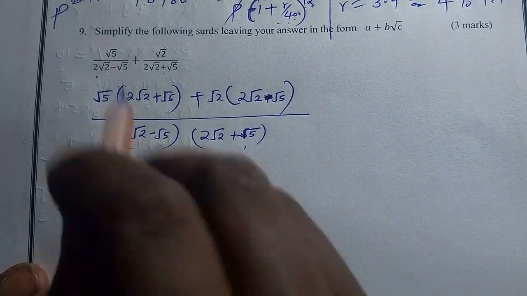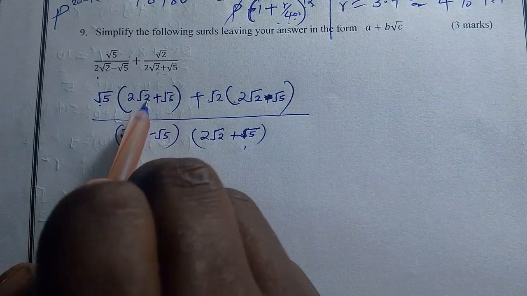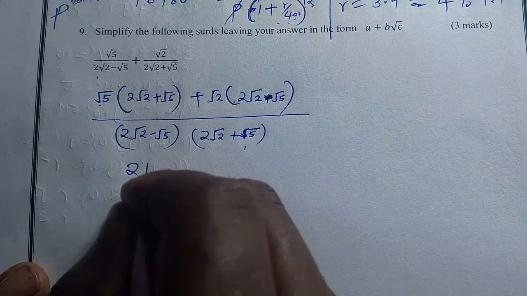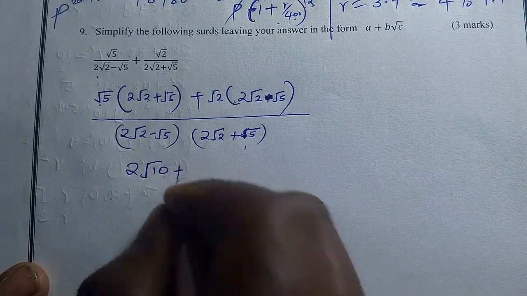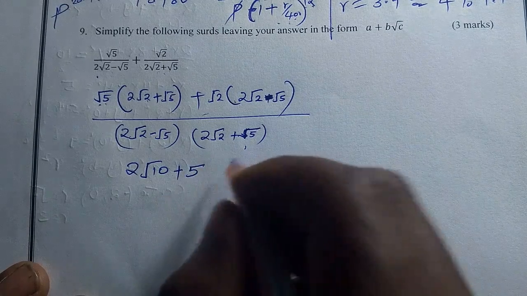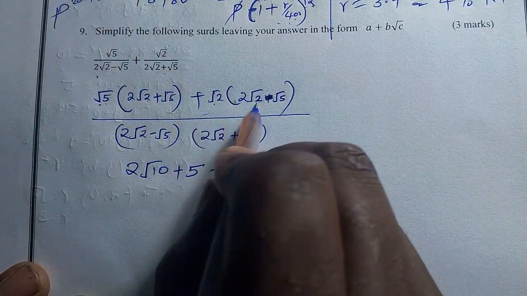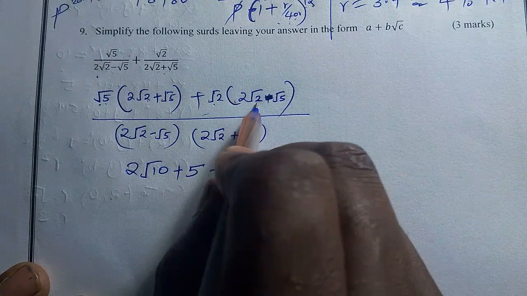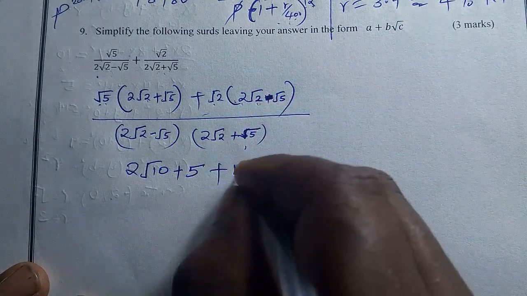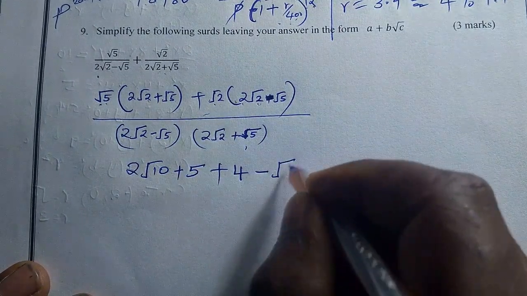So let's multiply 5, root 5 times root 2, we are going to have 2 root 10, plus root 5 times root 5, that is 5, plus root 2 times root 2, that is 4, square root of 4 is 2, 2 times 2, 4, minus root 10.